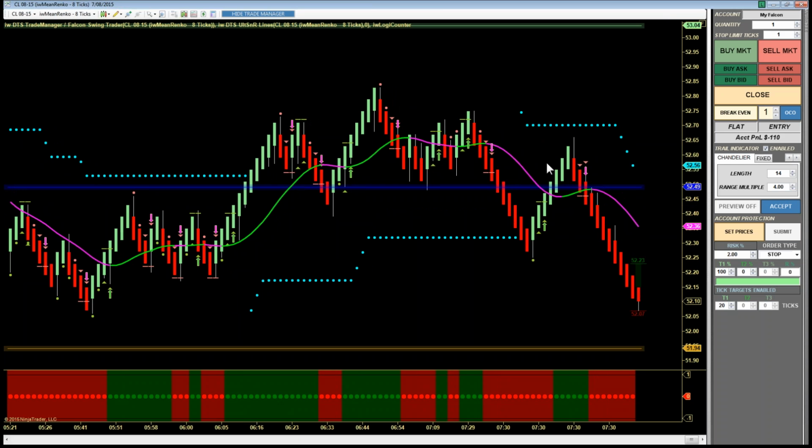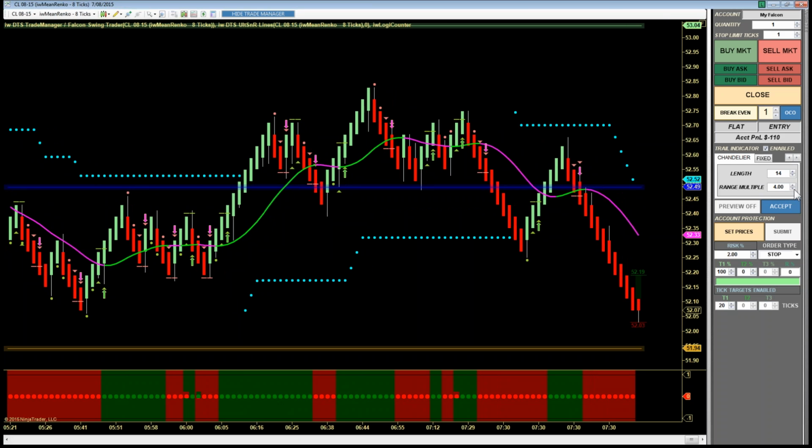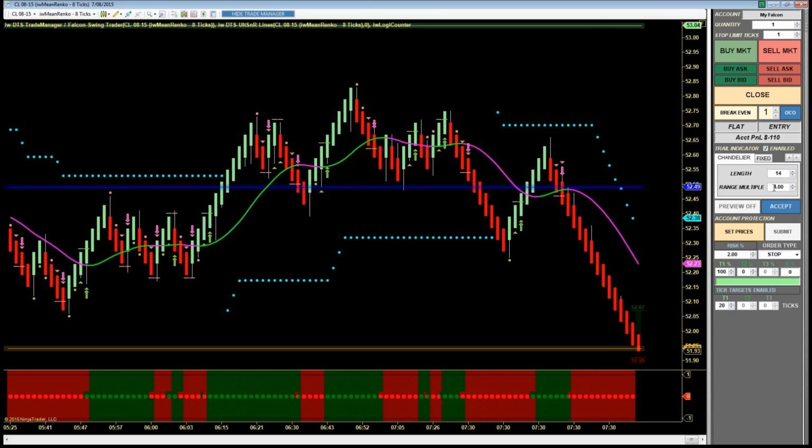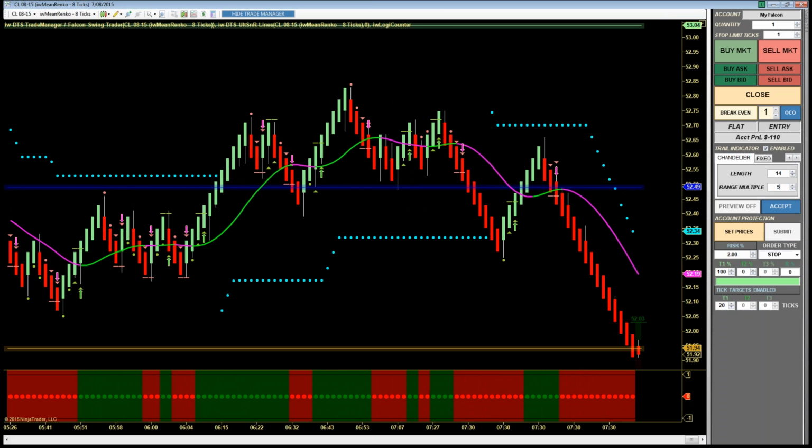So they filled to the short side, but unfortunately this little hiccup here, the chandelier parameter was a touch too tight and stopped me out. That's all right. We'll get another chance at this one. Note to self, dial back that chandelier even more.